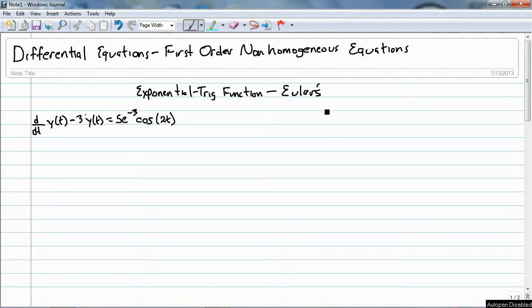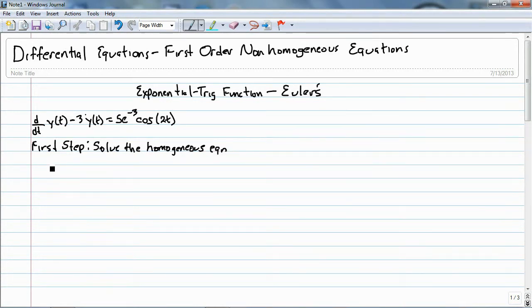So, as with all solutions to differential equations, our first step is to solve the homogeneous equation.